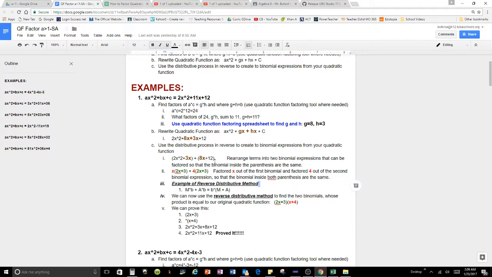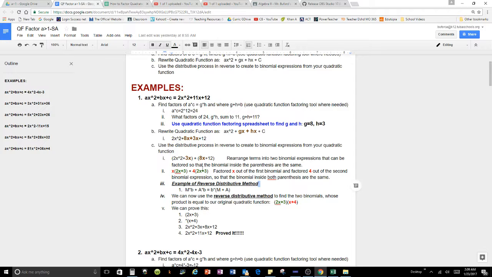And so what you see is if we pull x out of this parentheses, what we have left is 2x plus 3. And if we pull 4 out of this parentheses, what we have left is 2x plus 3.